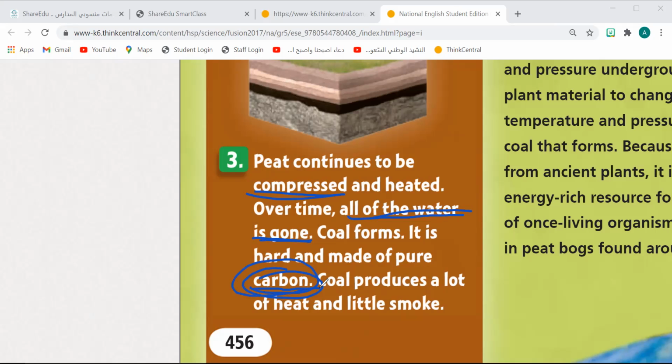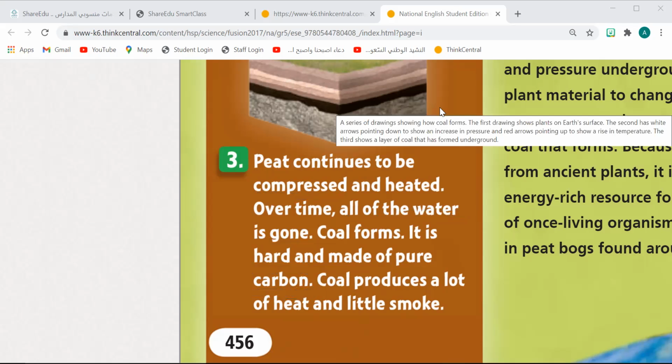And finally, what does coal produce? A lot of heat and a little smoke. Which does not give off heat, carbon or peat? Peat, excellent. Peat will not give a lot of heat. It only gives a lot of smoke. You need to remember both of them.